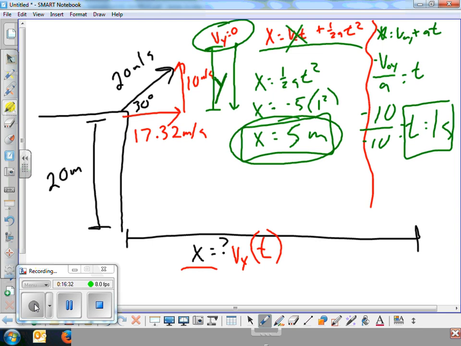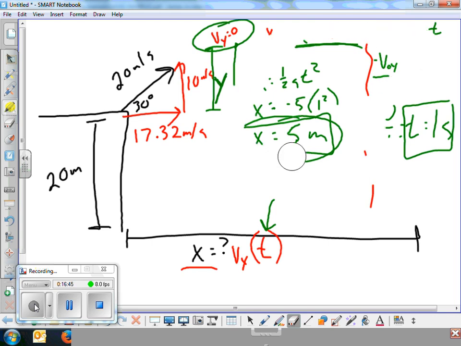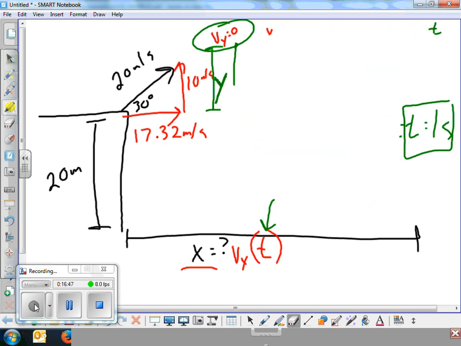Right? So now the question is, we're still trying to figure out time here. And we could plug it into this equation if we wanted to. And I'll show you how to do that real quick. We could go x equals v sub naught t plus 1/2 at squared.